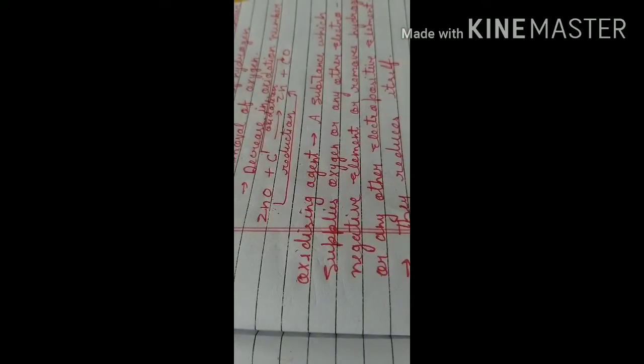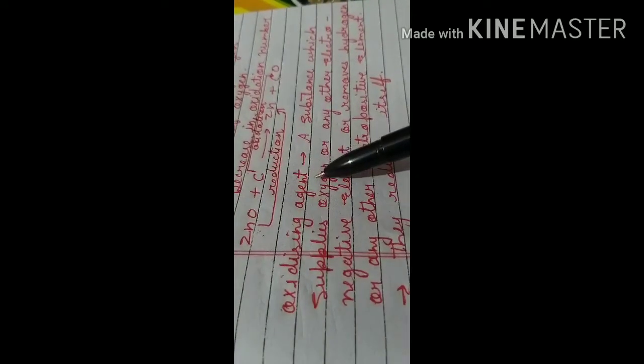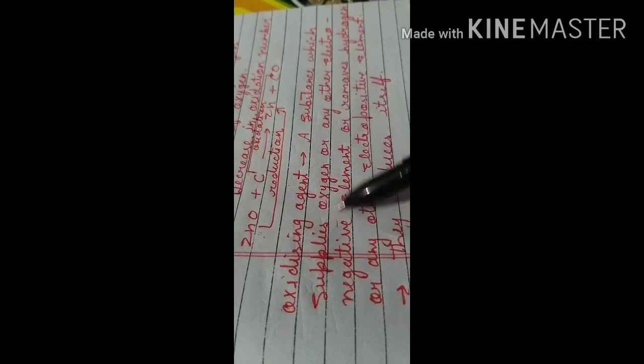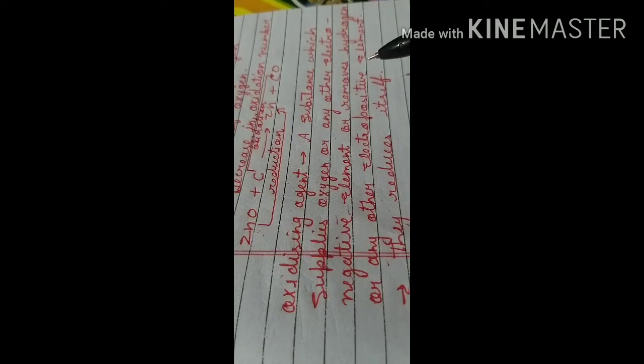The next thing which we will discuss is the oxidizing agent. Here you have to understand, a substance which supplies oxygen or any other electronegative element, or removes hydrogen or any other electropositive element. Most probably we see the reaction in terms of oxygen or hydrogen only, but we can see it in terms of electropositive or electronegative elements also.